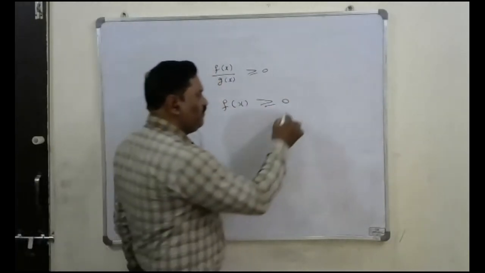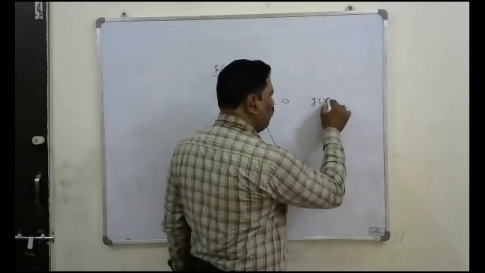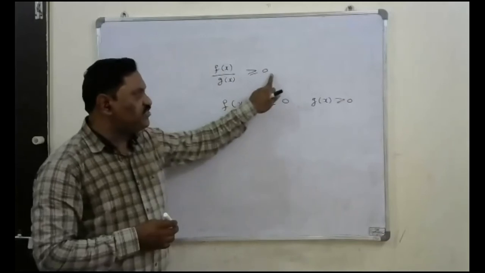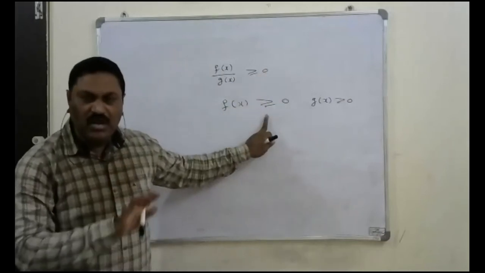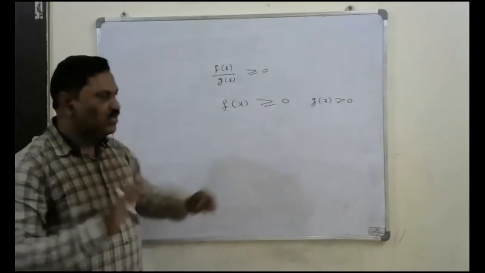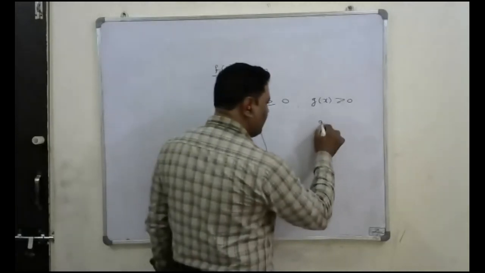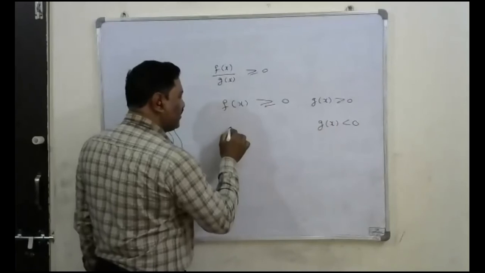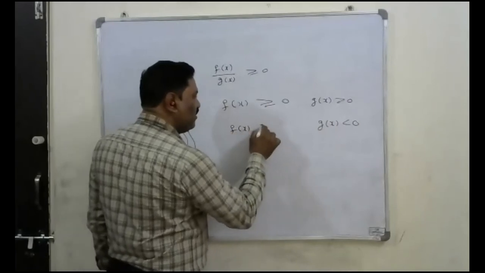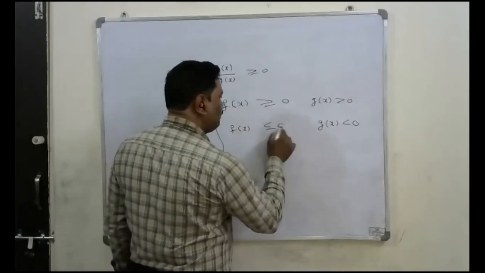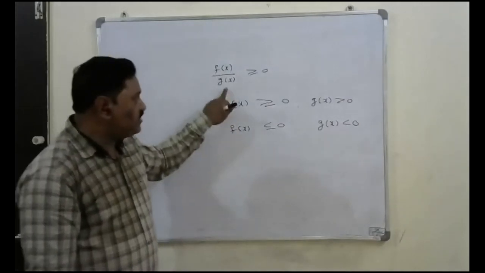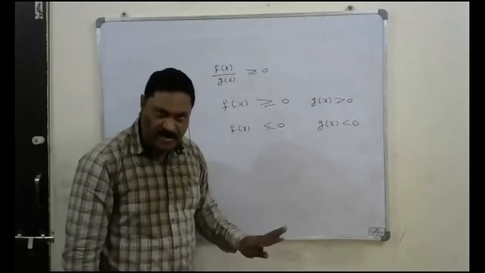So if g of x is positive, clearly if you know it, we can send the denominator to the other side and that inequation does not change. Suppose g of x has a negative sign, whenever we send the negative value to the other side, this inequation gets reversed, right?